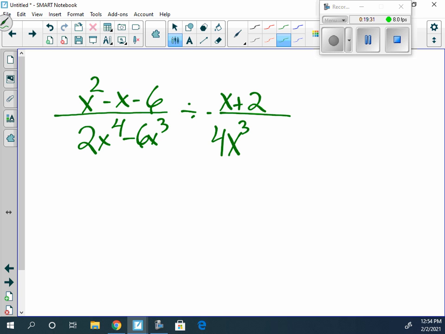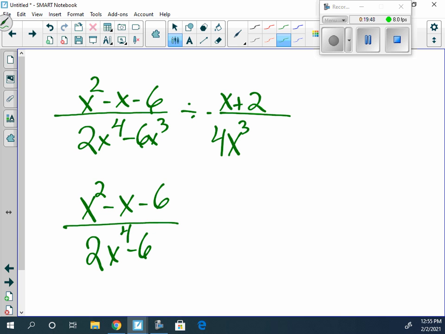Now, with any of these division problems, the first thing and the main thing I would do is change it from division to multiplication. Before we do any factoring or anything else, change it and flip it.